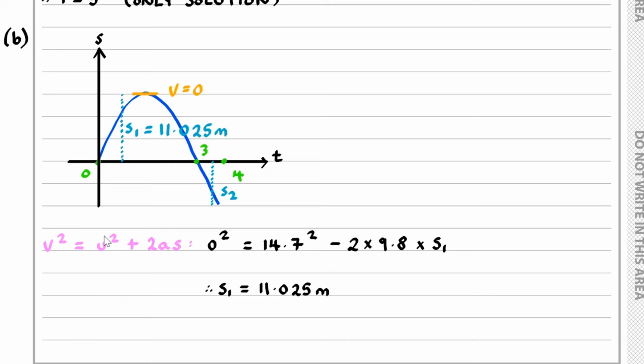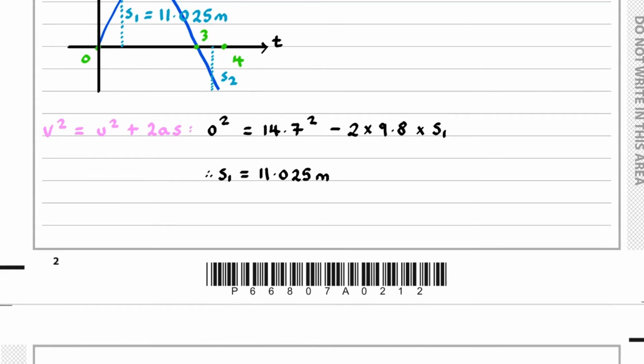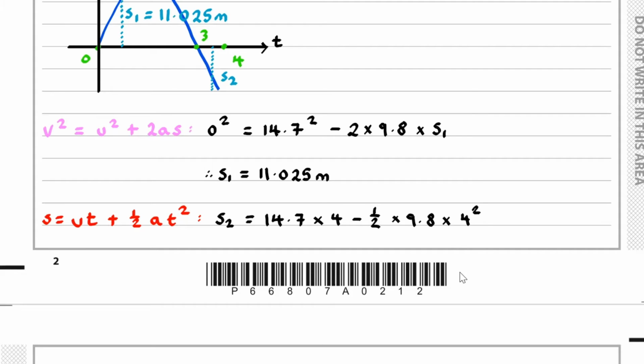And we can find out what S2 is by once again using S equals ut plus a half at squared. So S2 is equal to 14.7 multiplied by the time, which is 4, minus a half times 9.8 times 4 squared.